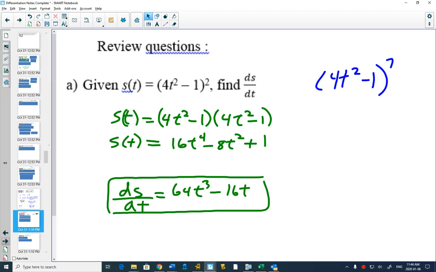Notice the notation in the question said find ds dt, so our notation in our answer should look that way. So in this case, we wouldn't use s prime of t for our notation. We would use ds dt.